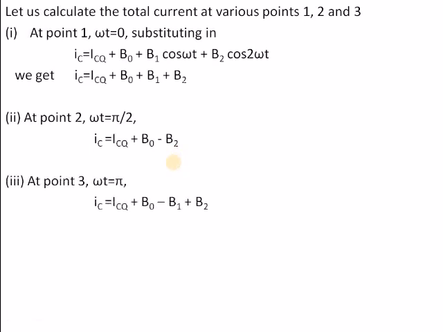At point 3, where omega t is equal to pi, which is 180 degrees, the IC equation becomes IC is equal to ICQ plus B0, the DC component as it is. If you substitute pi here, cos 180 is minus 1, that's why it is minus B1, plus cos 360, that is 1, which is B2.